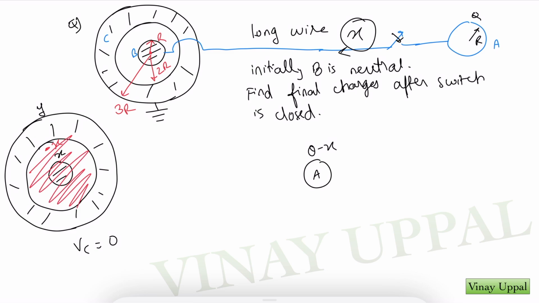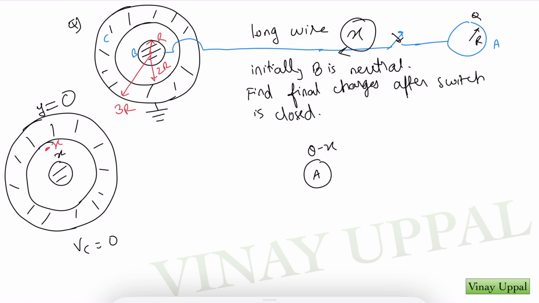This red portion is my cavity for C. X is like the charge placed inside and minus X is the charge induced on the inner surface. So their resultant potential everywhere outside the cavity will be 0. So their potential in the conducting material of C will be 0. So the only potential will be due to Y. And because the potential of C has to be 0, that simply means that Y also has to be 0.